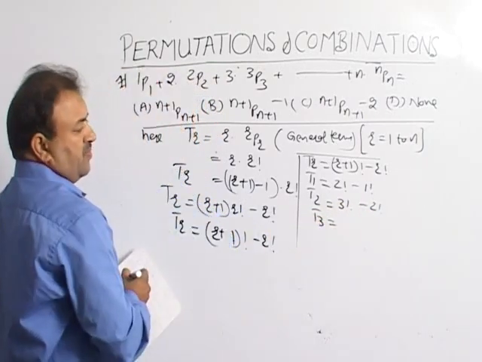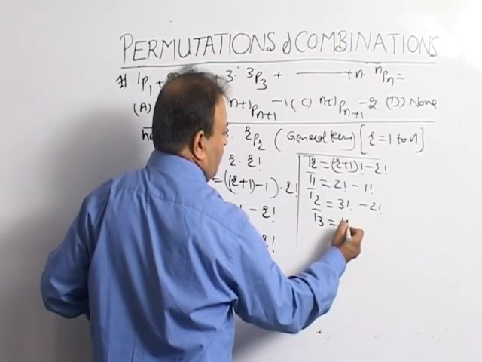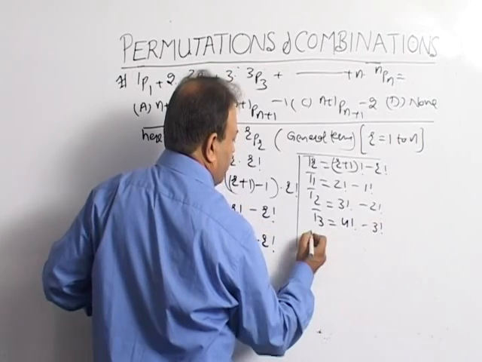The third term, r is 3, is 4 factorial minus 3 factorial.